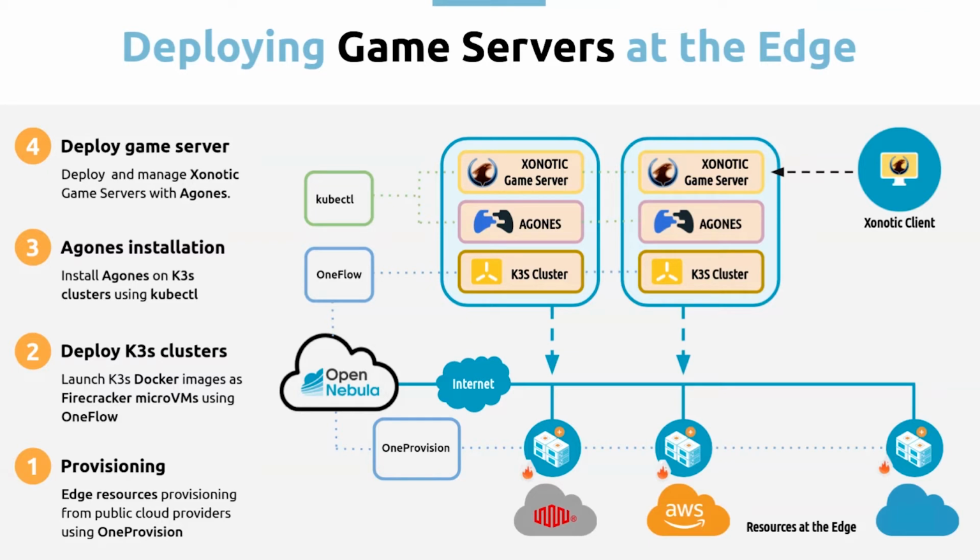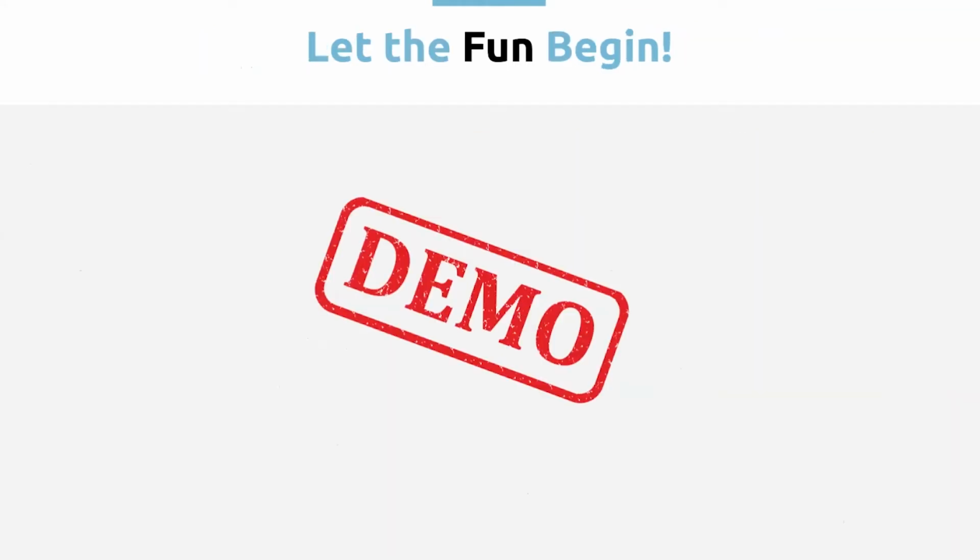And for example, in the demo, we are going to use Xonotic, that is an open source and free first-person shooter, and we are going to then use the Xonotic game client to connect to the game server. Okay, so now let's see a demo. So I will show how this solution works for multiplayer gaming at the edge.